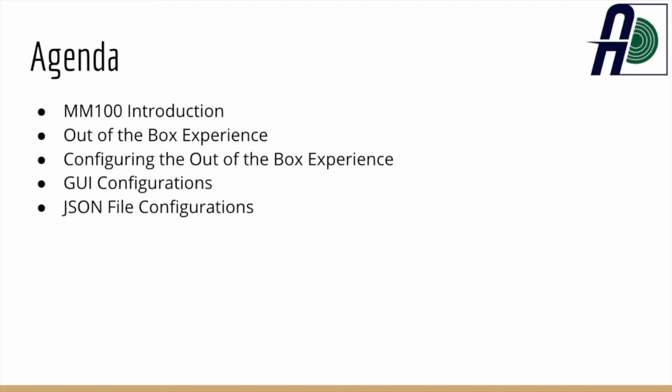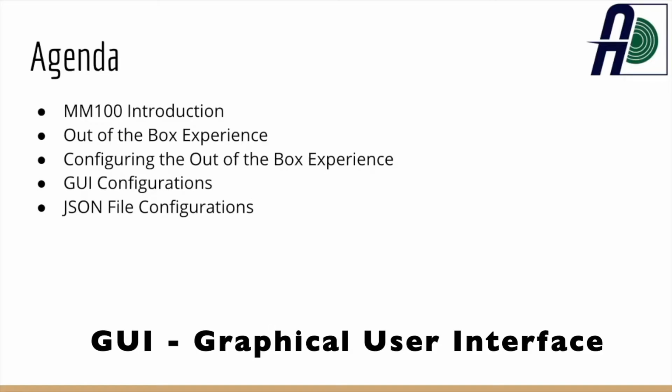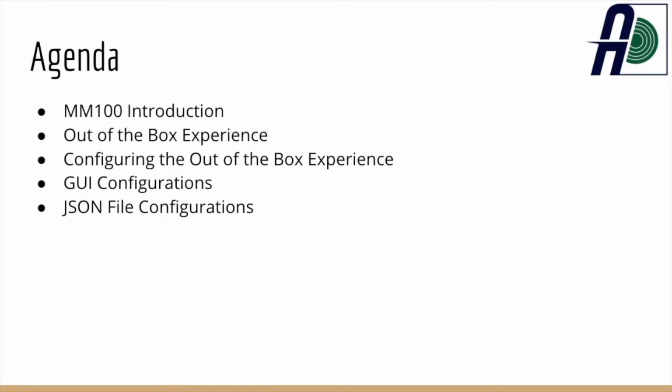While the MM100 has a great out-of-the-box experience, there's a lot more functionality that you can access, but accessing it requires a higher level of technical expertise and knowledge of how to configure it. There are two different ways of configuring it: either through a GUI through Orion, or, to access even more detailed, higher-level functionality, through JSON configuration files. So with that, let's get started.